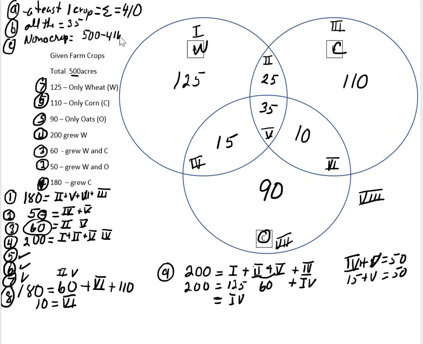So I can come up with that 90 did not grow any of the crops. And D, grew exactly 2, and that's going to be 50.